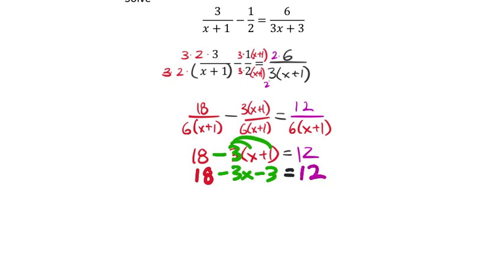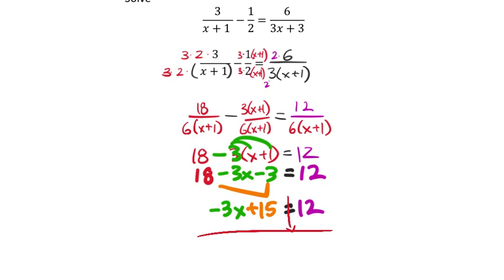Now we're looking for combining like terms. I've got 18 minus 3, which is positive 15. So now it's negative 3x plus 15 equals 12, because I didn't see any other like terms to combine. And now that we've gotten to this point, I'm looking for principles of equality to isolate my x, right? So I'm going to subtract 15 from both sides.